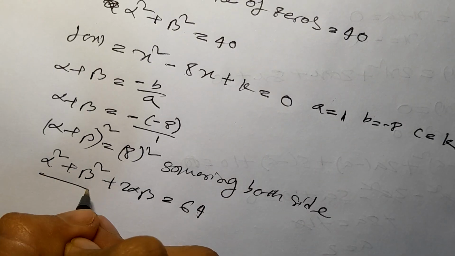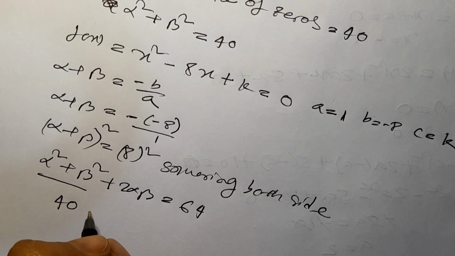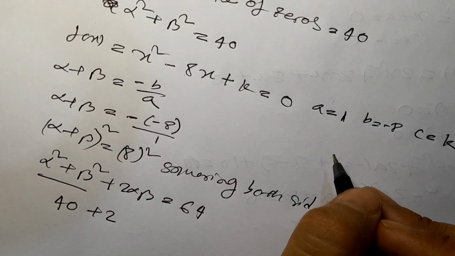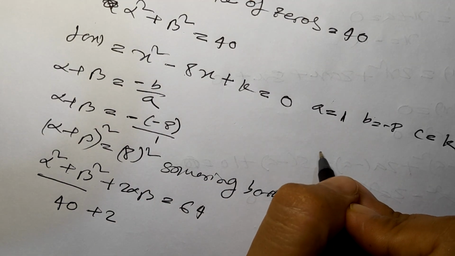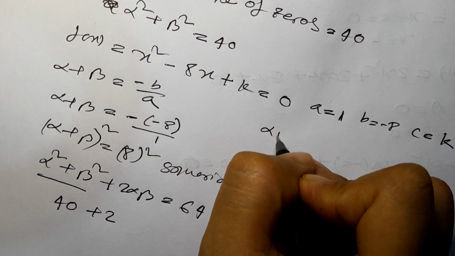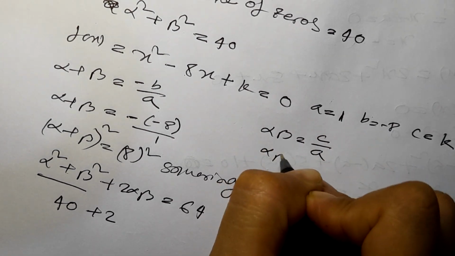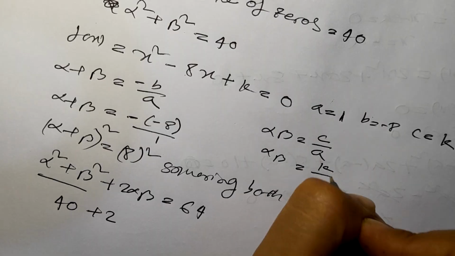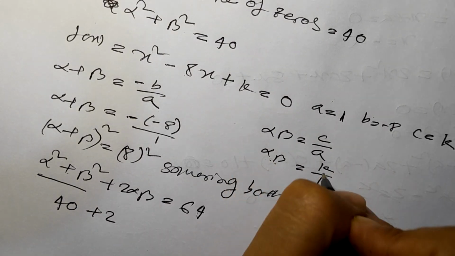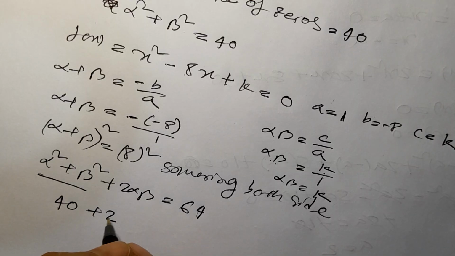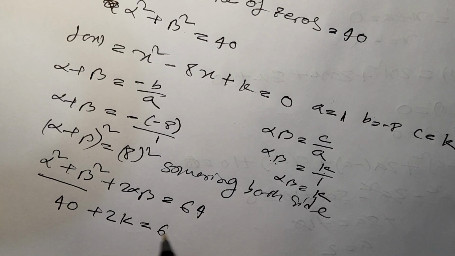So alpha square plus beta square, that is 40, plus 2 alpha into beta, that is the product of zeros. Alpha into beta we write as c by a. c is k, a is 1, so alpha beta is equal to k. So 40 plus 2k equal to 64.